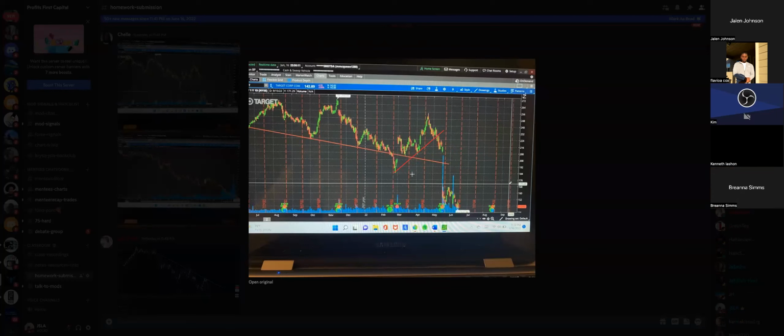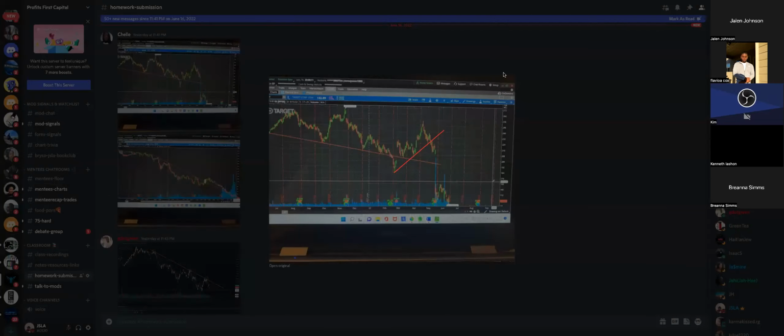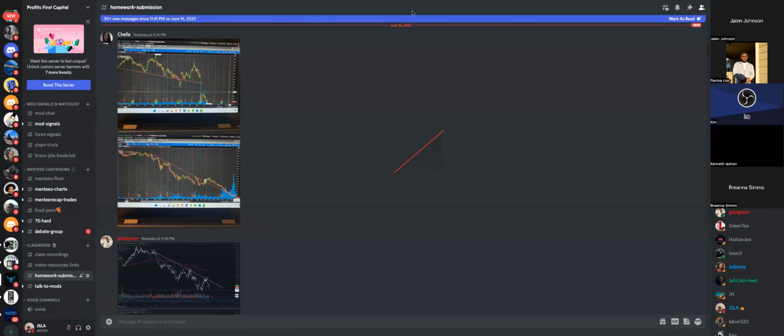Now it's coming to retest that trend line. So yeah, this one is valid. I was just trying to see if I could draw another one. So good job on your homework on this one. Okay, so now let's go up. Oh, take the annotate off.